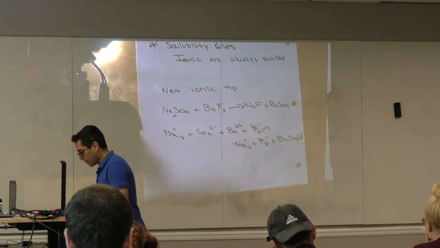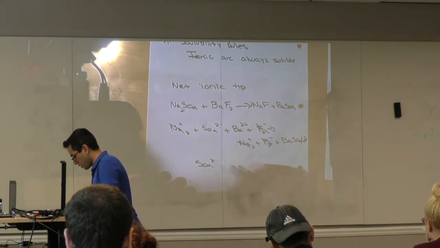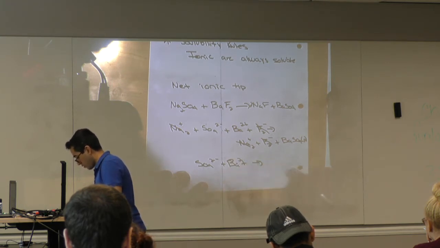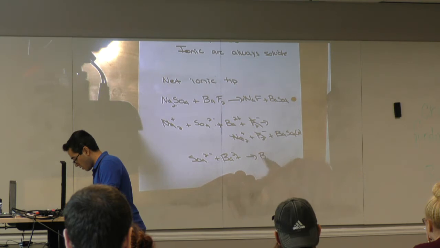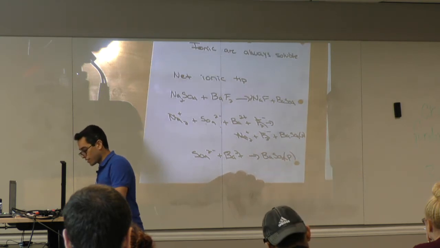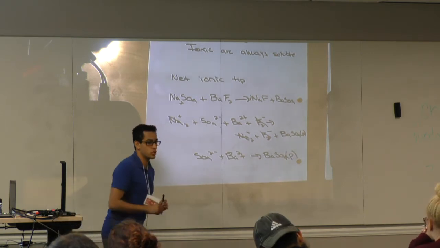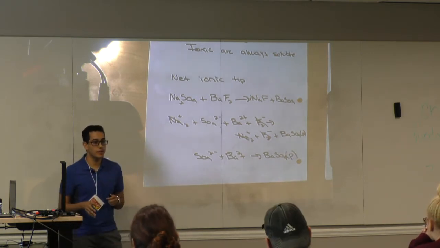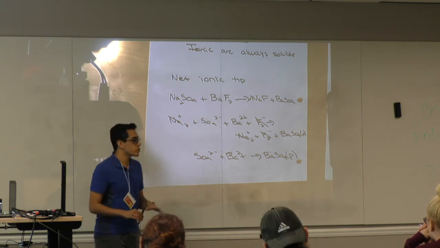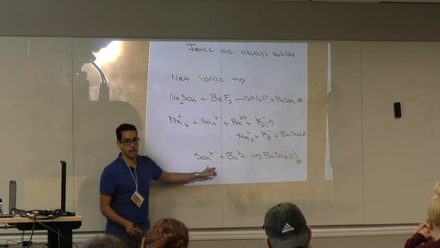And so you're left with the net ionic reaction of SO4 2 negative plus Ba2 plus creates BaSO4. And this is what I mean when I say that for net ionic reactions, just use your solubility rules, find which reactants create the precipitate, and that will always be your net ionic reaction.